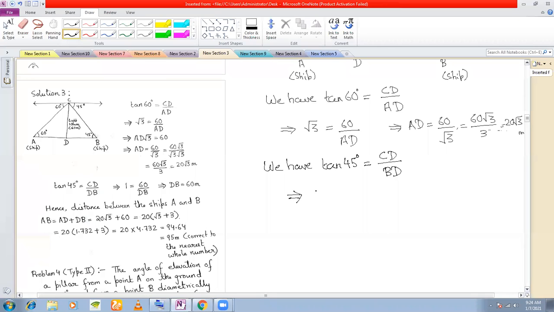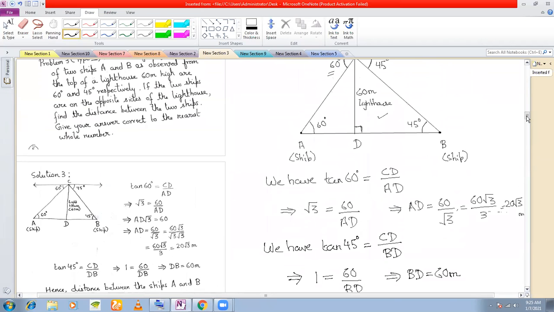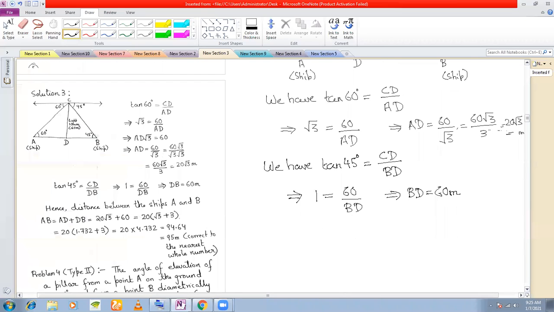Tan 45 is 1. The length of CD, that is the height of the lighthouse, is given to be 60. So BD is 60 meters. So AD we have found to be 20 root 3, and BD we have found to be 60.